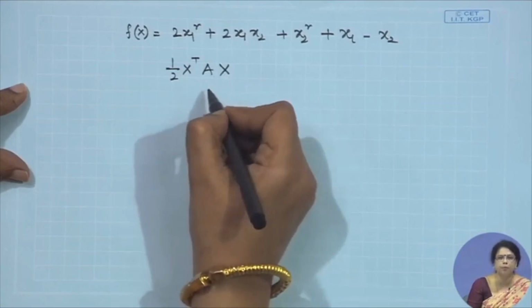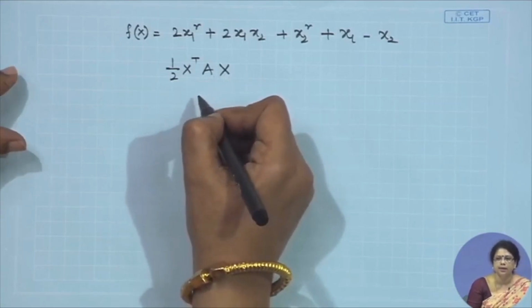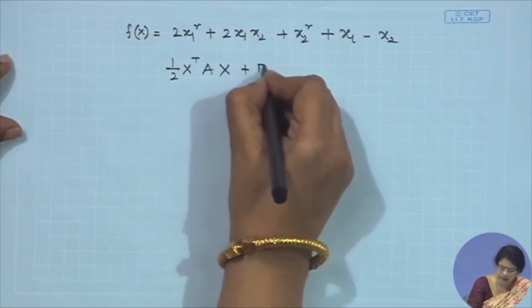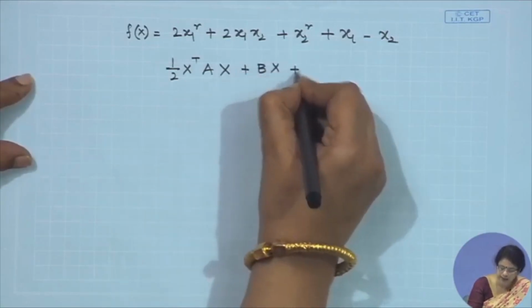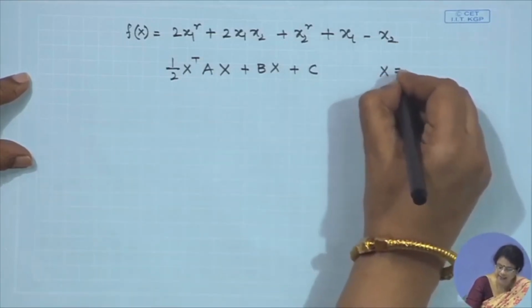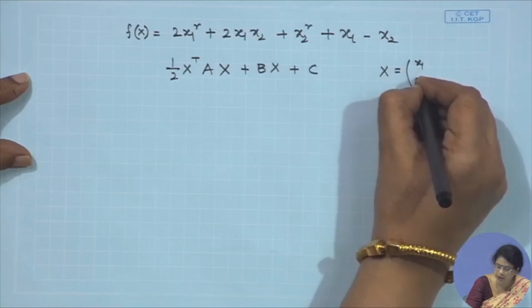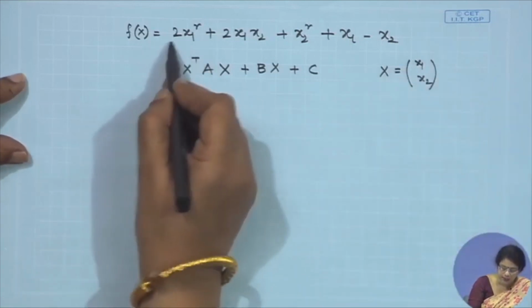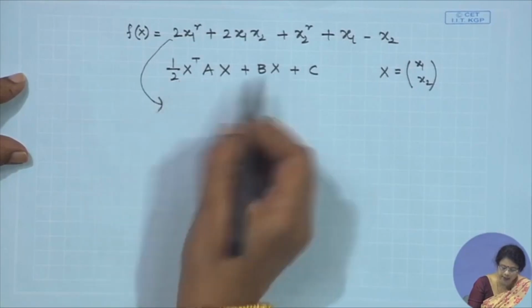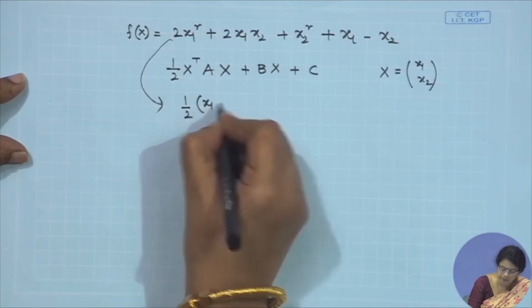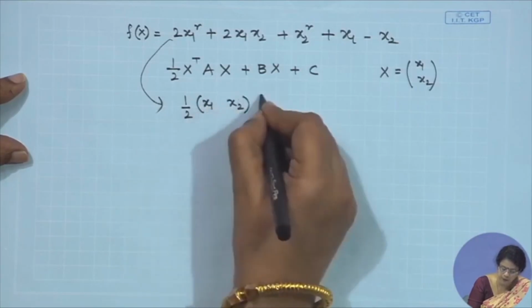where A is a positive symmetric matrix, plus Bx plus C. Here the vector x has been considered as a 2-dimensional vector in R2, x1 x2. That is why this function can be written in this form with 1 by 2 x1 x2.